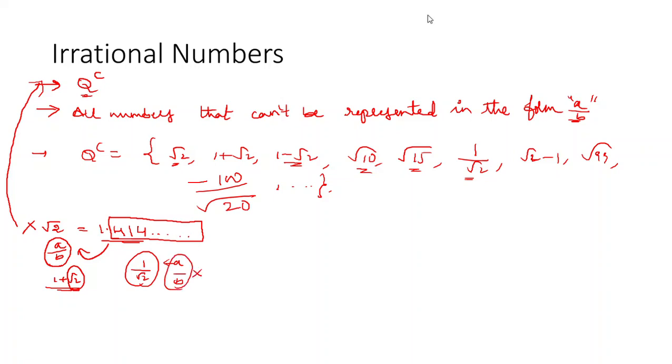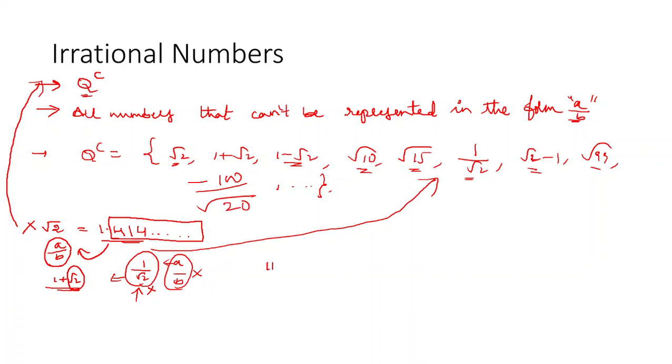But a by b means fraction form, and we know that root 2 cannot be represented in fraction form, and that's why 1 by root 2 is an irrational number. Likewise root 2 minus 1, root 99, minus 100 by root 2.